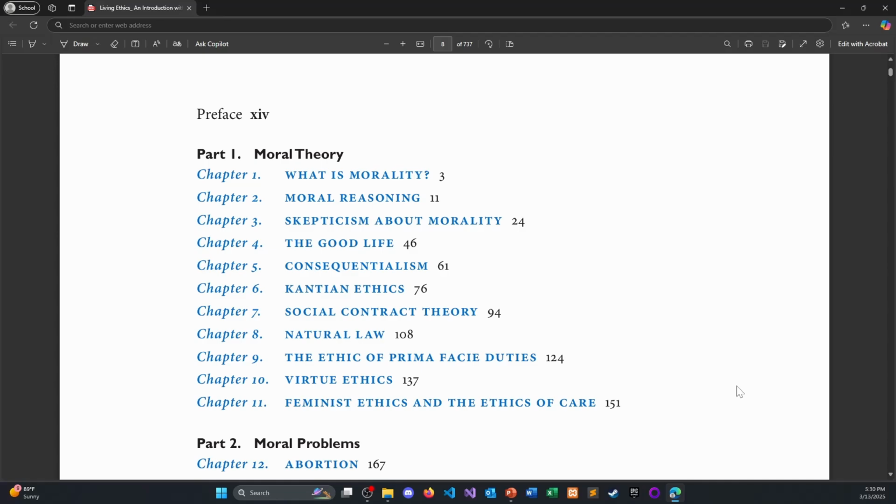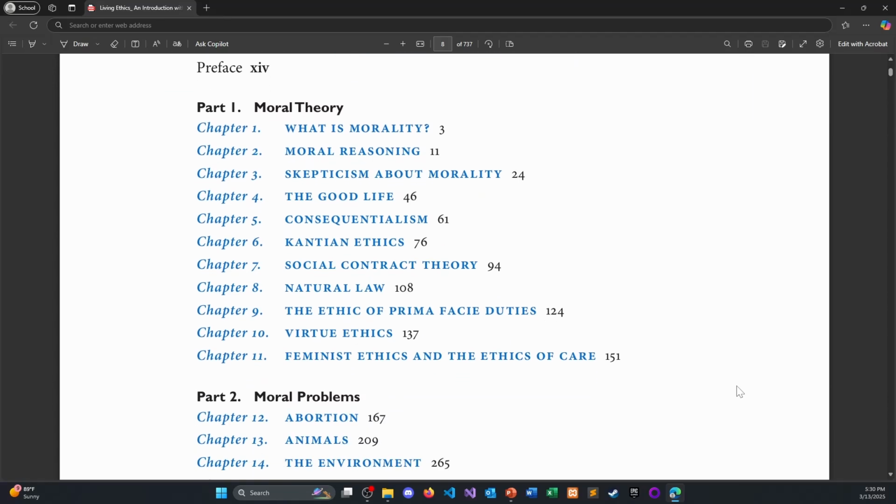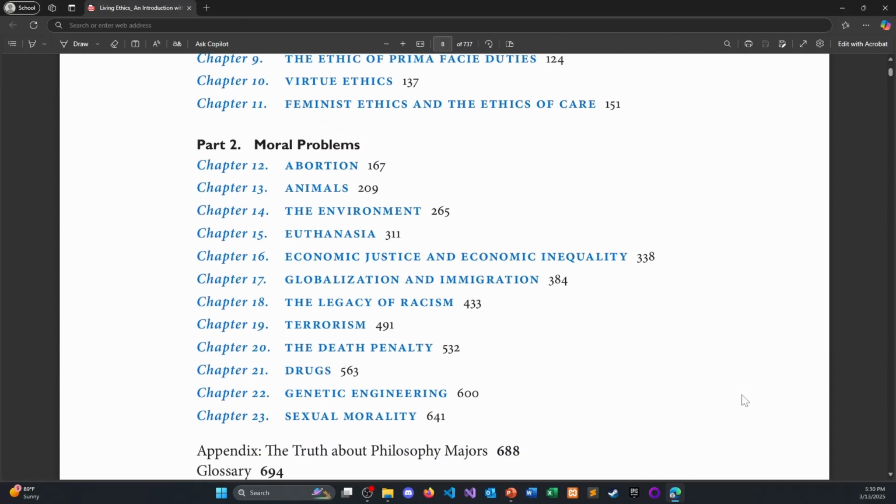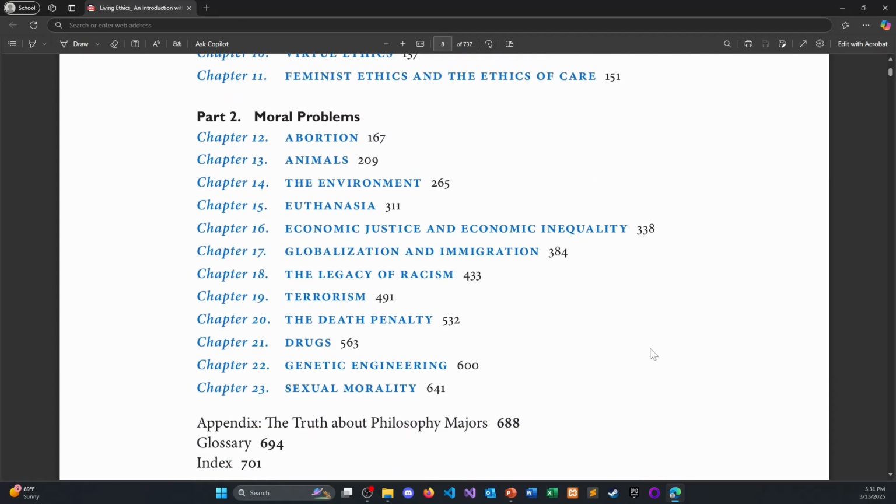Strategically read in search of those arguments for and against. And the same with the moral problems. Strategically read chapters 13 through 23, searching for those arguments for and against.